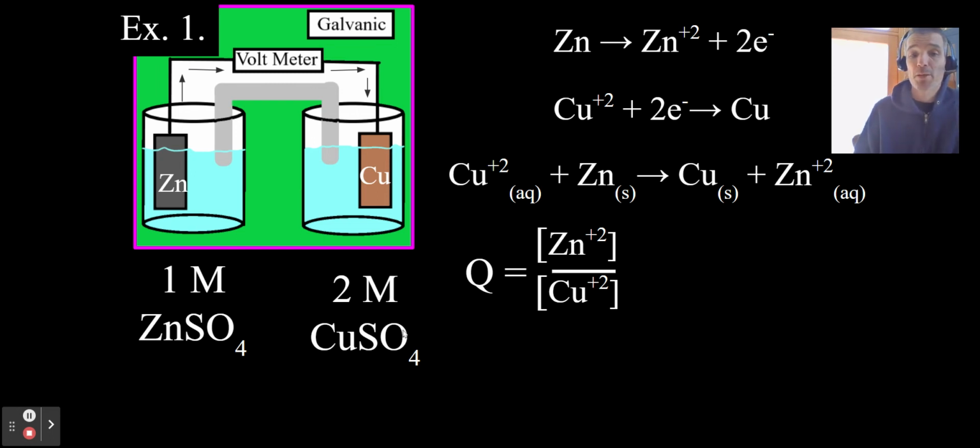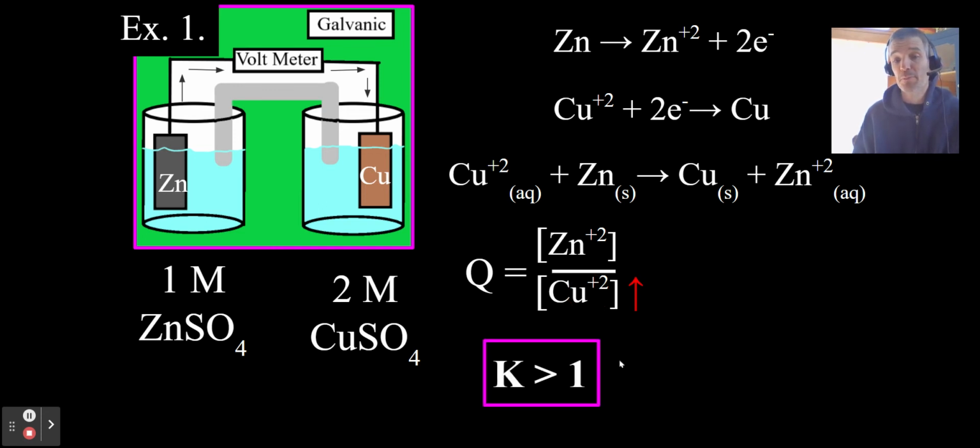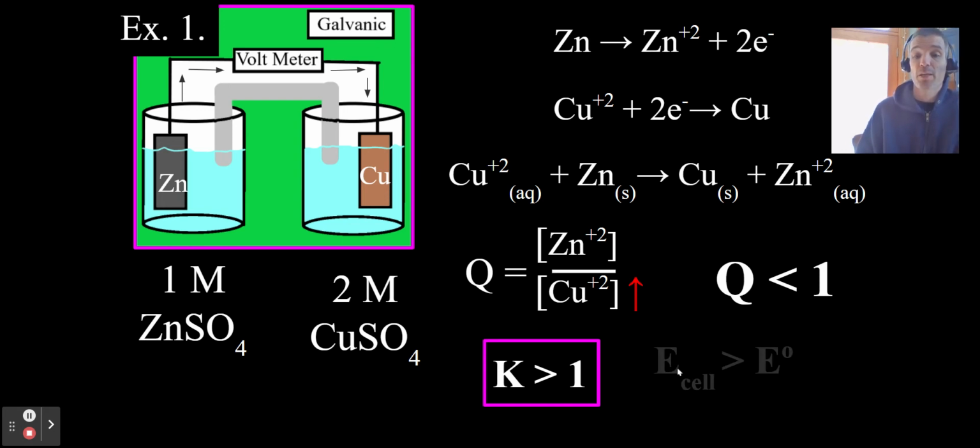So now I'm increasing the presence of a reactant, this copper sulfate. This is a non-standard condition. It's 2 and it should be 1. Therefore, my Q is going to be less than 1. Remember, for thermodynamically favored reactions, K is greater than 1. That means this is going to make my cell potential greater than my standard conditions.